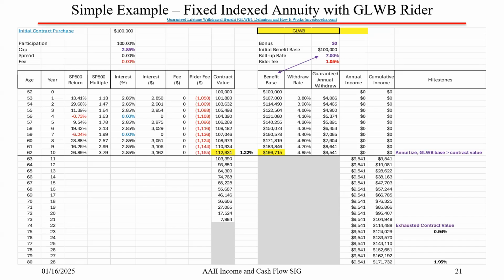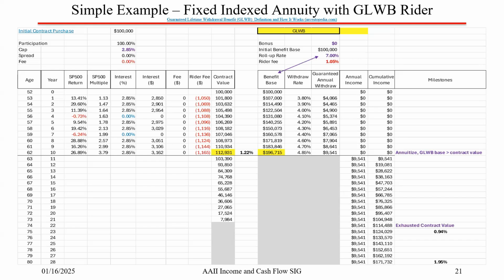Since you have this income rider, they're going to use the higher number. So when he annuitized at age 62, he's getting $9,541 per year. After 22 years, he exhausted the contract value, but he's still getting paid.